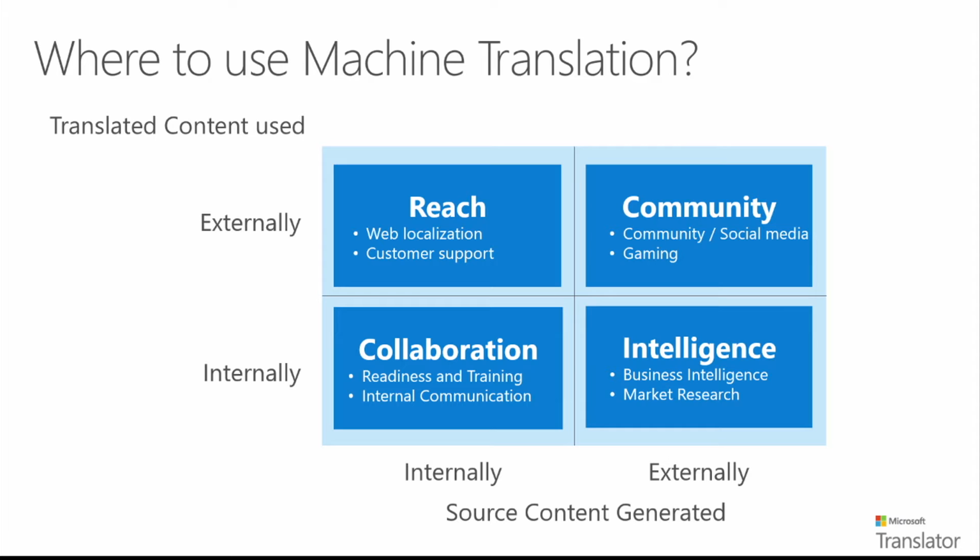For instance, in gaming, you could have a player-to-player communication system, or when you operate a forum, have your users talk to each other and solve each other's problems. Internally, you may have employees working for the same company or on a single project that want to collaborate with each other but don't share the same language.